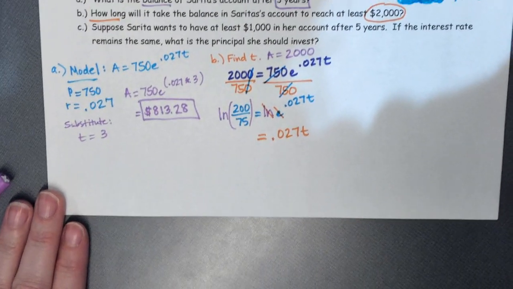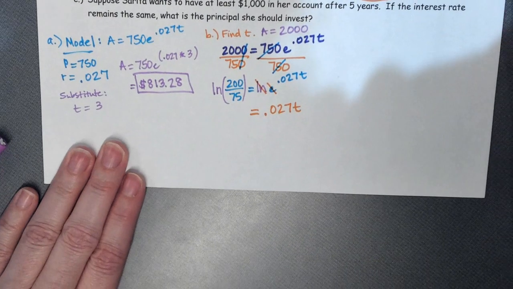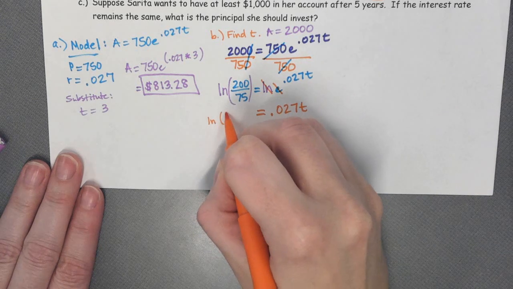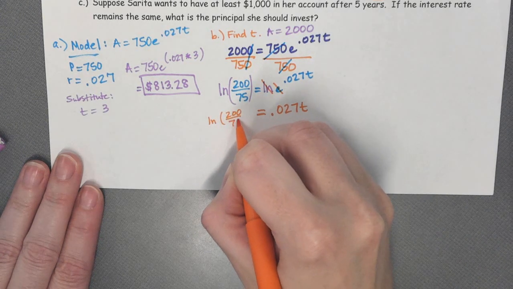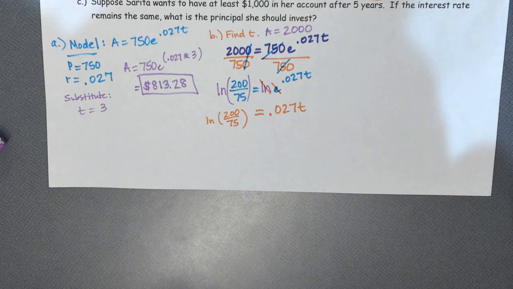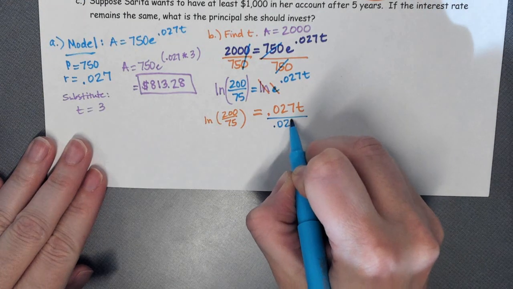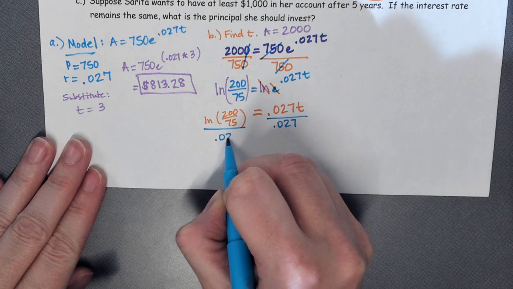I just want to be able to see part C. Again, we're not doing this yet. We're going to save it until the end, the grand finale. And then your final step is just going to be to divide by 0.027.